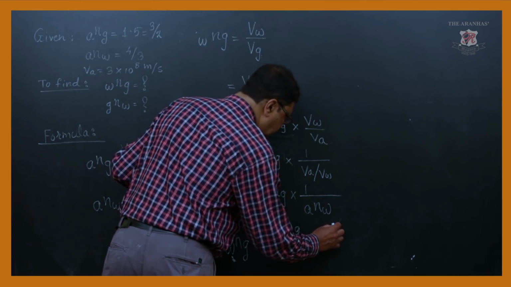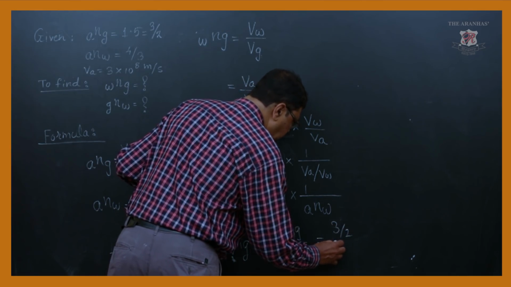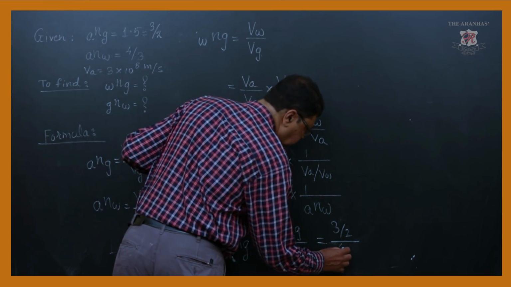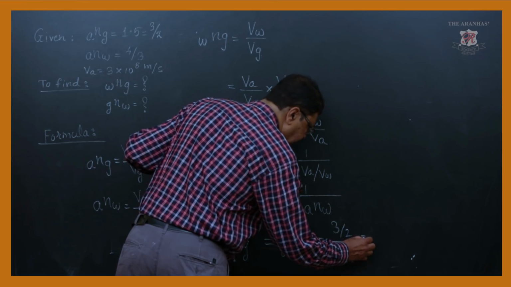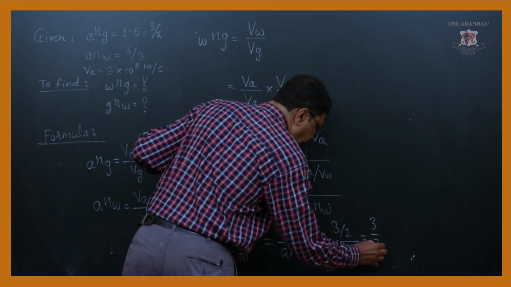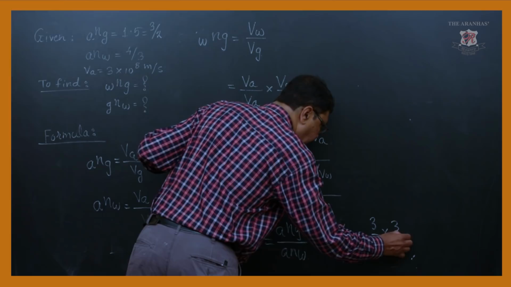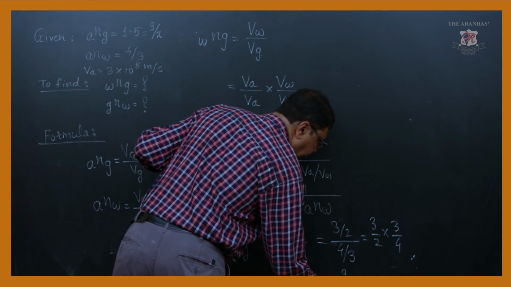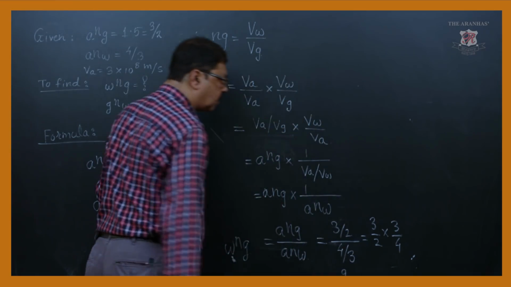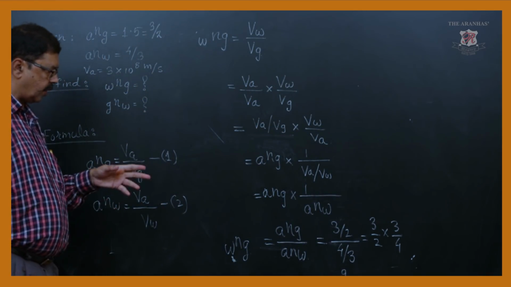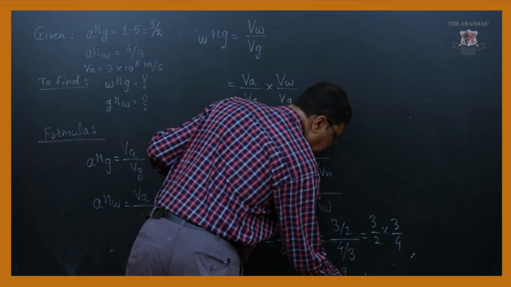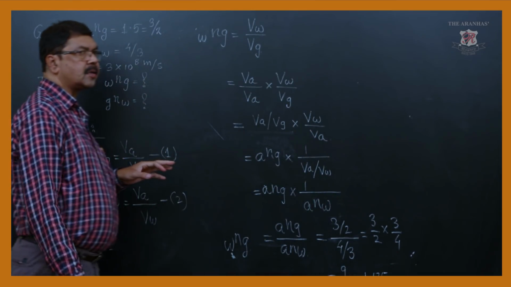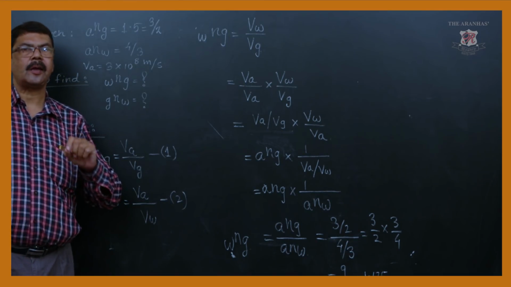So aNg is 3 by 2 and this is 4 by 3. That is equal to 3 by 2 into 3 by 4, that is 9 by 8. That will be 1.125.